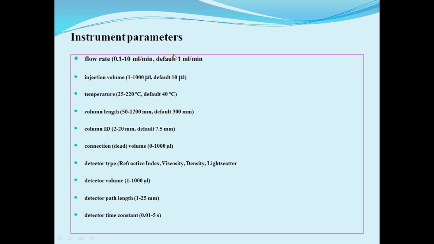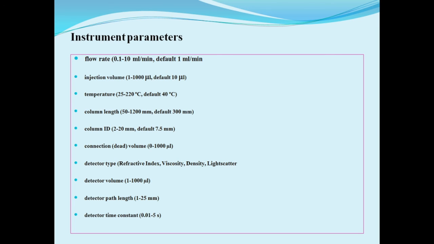Instrument parameters for size exclusion chromatography. Flow rate 0.1 to 10 ml per minute, default 1 ml per minute. Injection volume 1 to 1000 microliter, default 10 microliter.